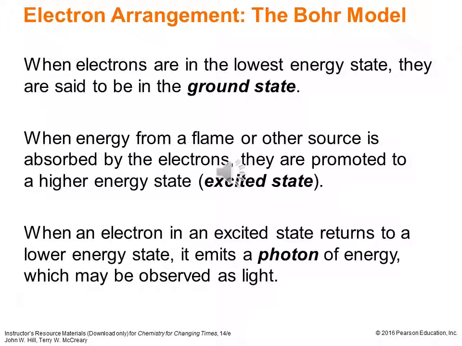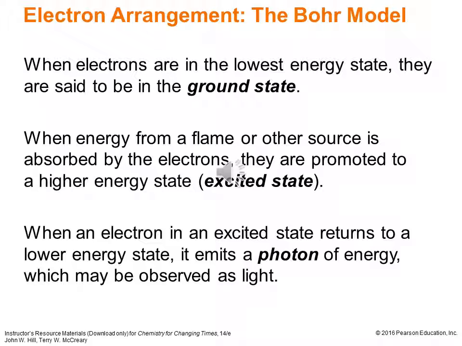Alright, so taking a moment to step back and define some of the terms that I've already been using fairly loosely. When electrons are in their lowest energy state, which again at room temperature most of the atoms are at most of the time, they're said to be in the ground state. The ground state is the lowest possible energy situation for all the electrons.